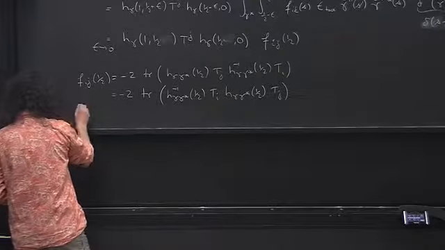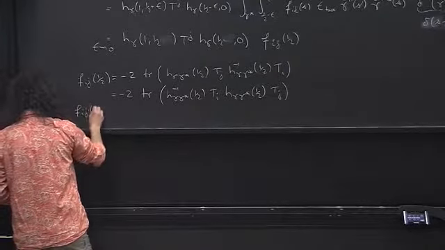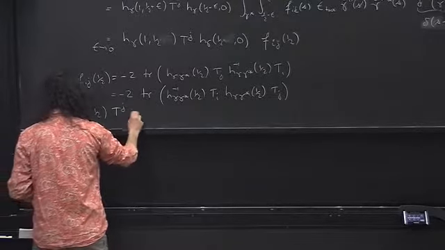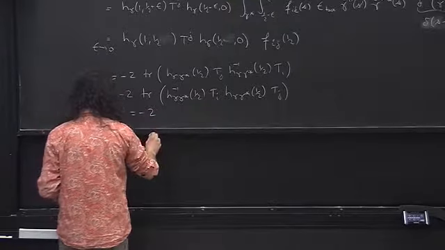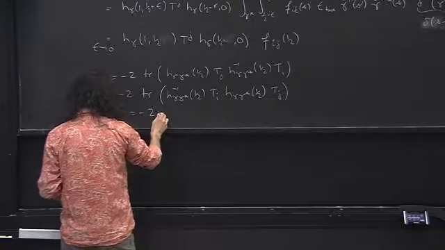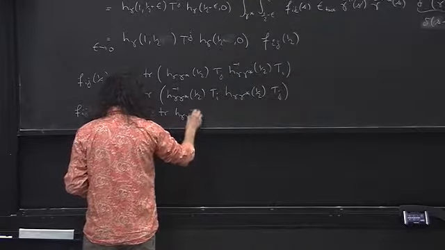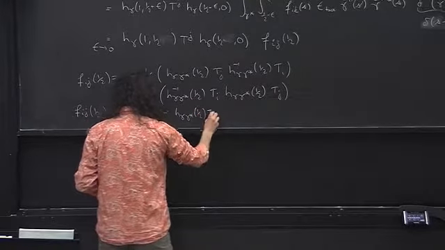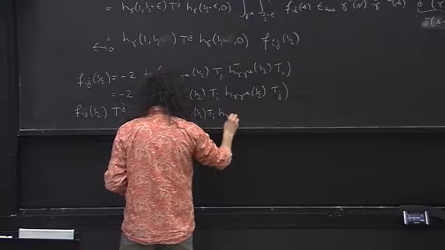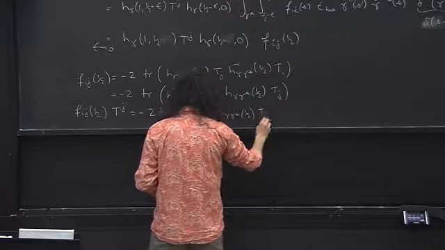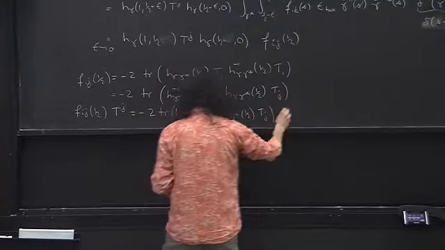And therefore F IJ 1/2 times Tj is minus 2 trace of Ti H gamma gamma star 1/2 Tj, times Tj.